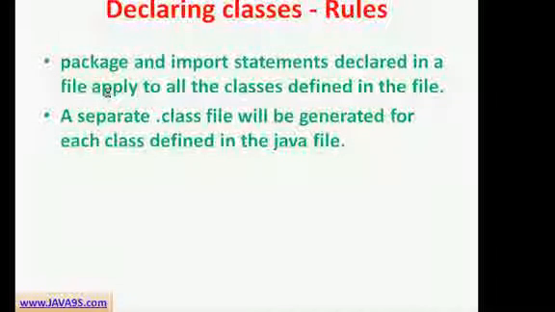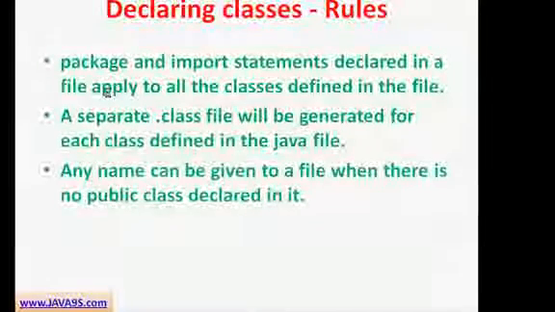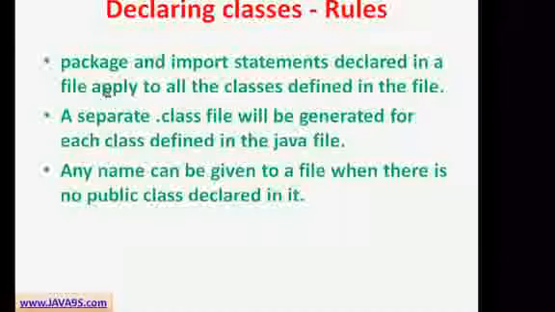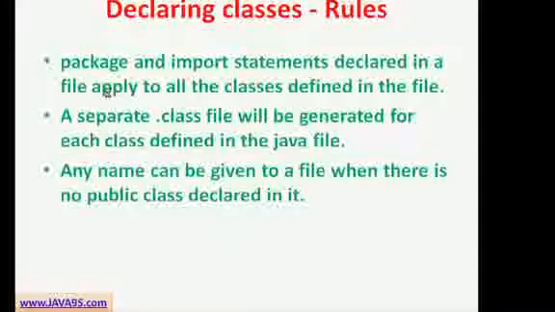A separate .class file will be generated for each class that we have defined in that file, and any name can be given to a file where there is no public class defined. So if you don't have a class with public as an access modifier, you can give any name and just go on, you can compile that.